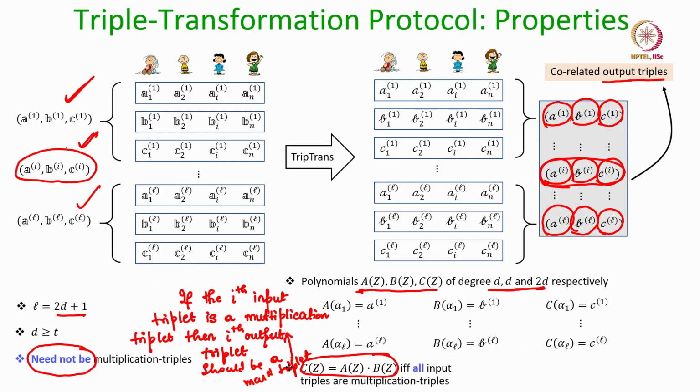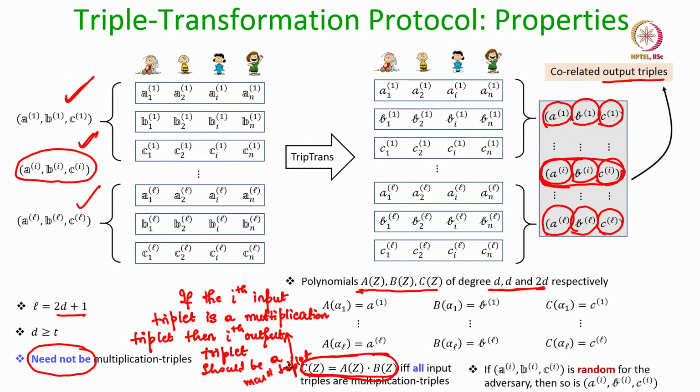Say for instance, the ith triplet is not a multiplication triplet, then the ith output triplet should also not be a multiplication triplet, and since the ith output triplet constitute distinct points on the A, B and C polynomial, we know now that there is at least one point on the A, B and C polynomial which violates this multiplicative relationship. So, that is the second correlation which we require from the triple transformation protocol.